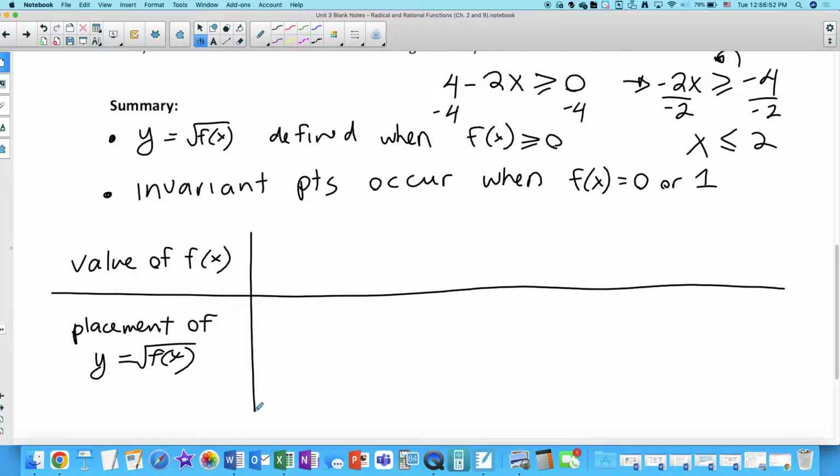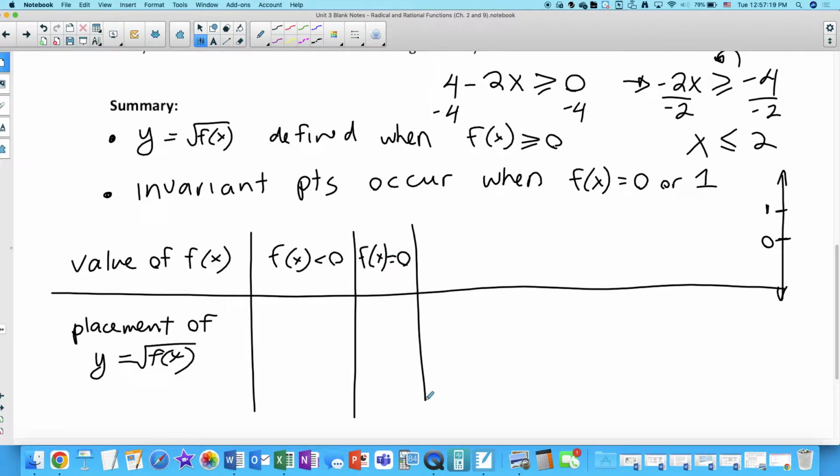Okay, so firstly, if that's our y-axis, there's 3 regions that I want to keep track of. So let's say f of x is less than 0. F of x equals 0. So that's right here. Less than 0 is here.